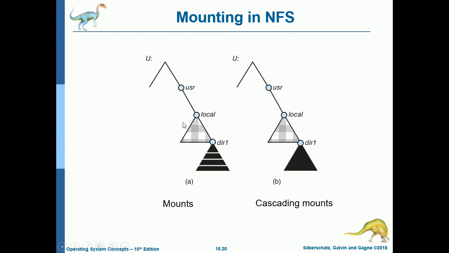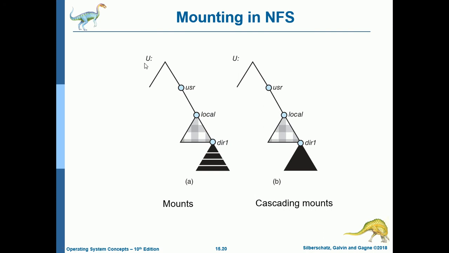The pattern for local is the checkered one, which is the shared directory of S1. And of course, since it's already shared, the directory 1, which is also located in S1, can be accessed in U.